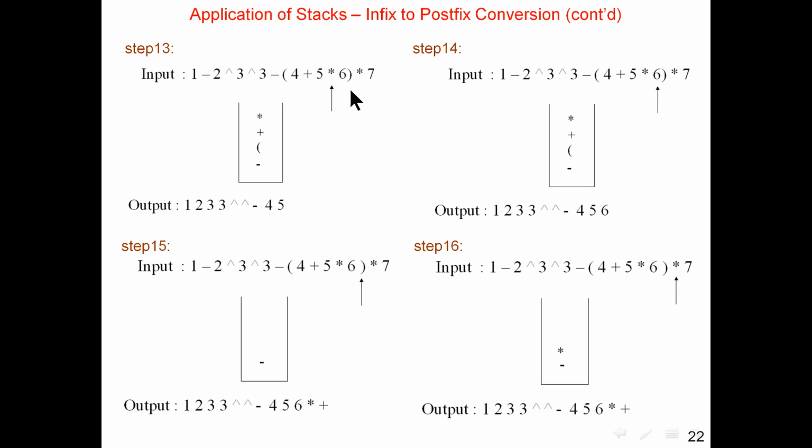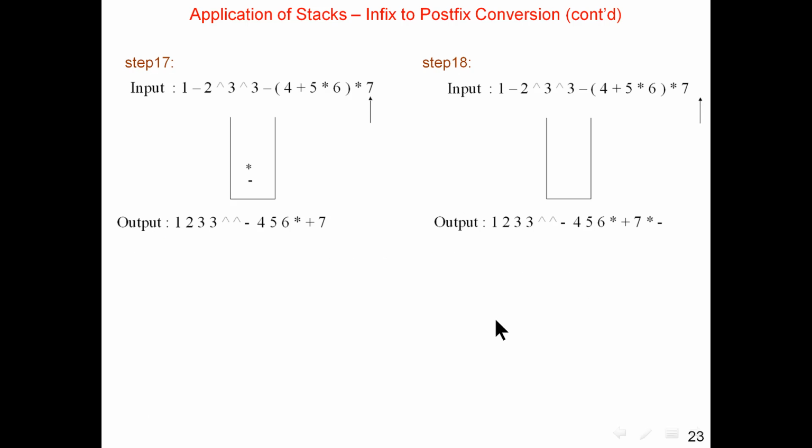Then 4 5 comes here, the multiplication is pushed, 6 comes, and then the closing bracket comes, which means you have to pop up to this bracket. Then the multiplication is pushed again, and you have this multiplication and subtraction, and now you have a 7.